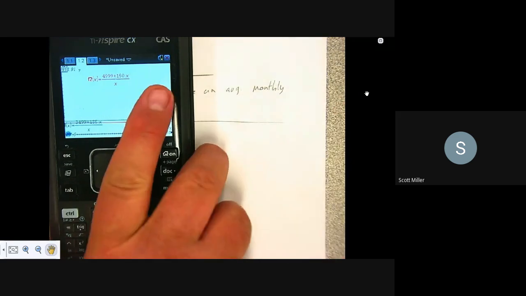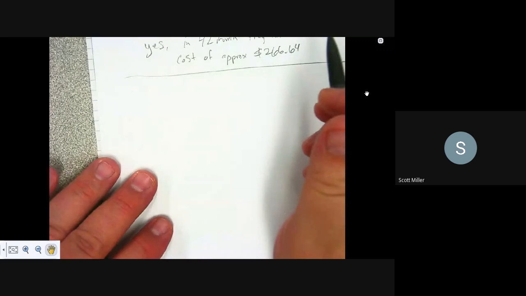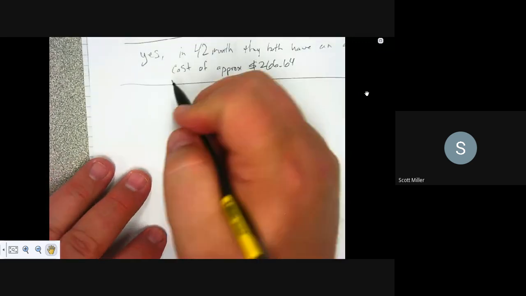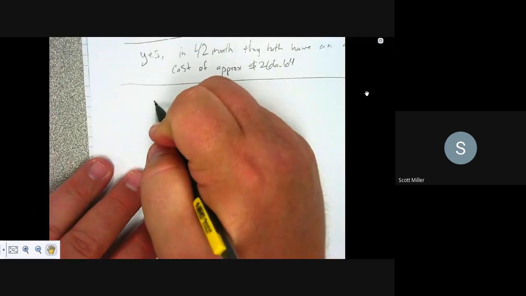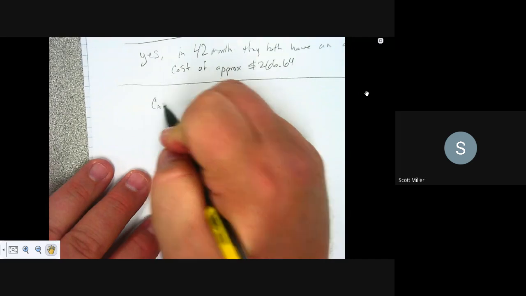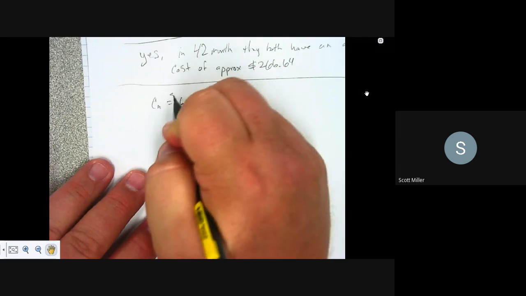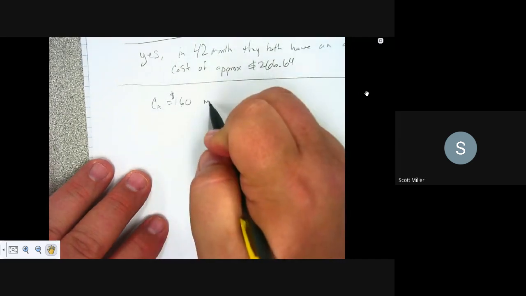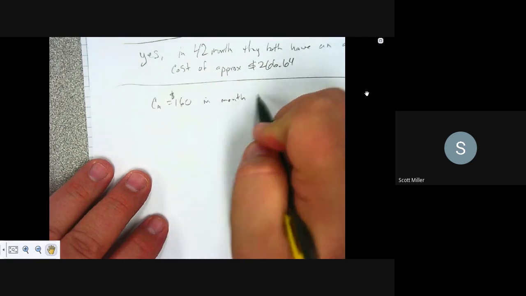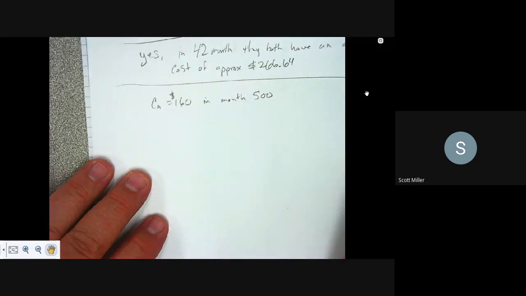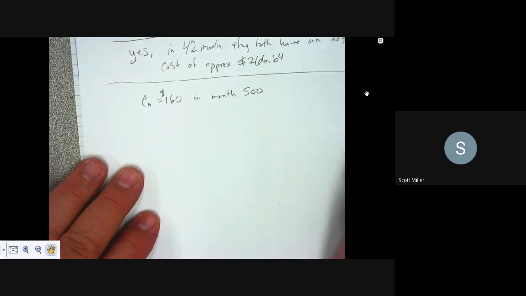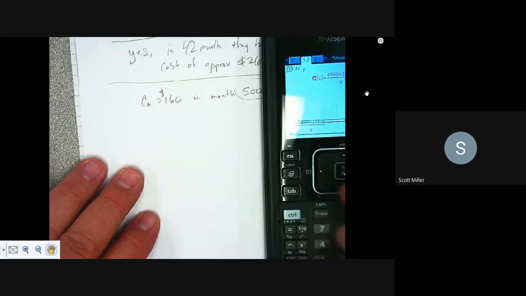So that tells me that in month 500, the average monthly cost to own Car A reaches $160. Is that reasonable? If that's 500 months, how many years is that?